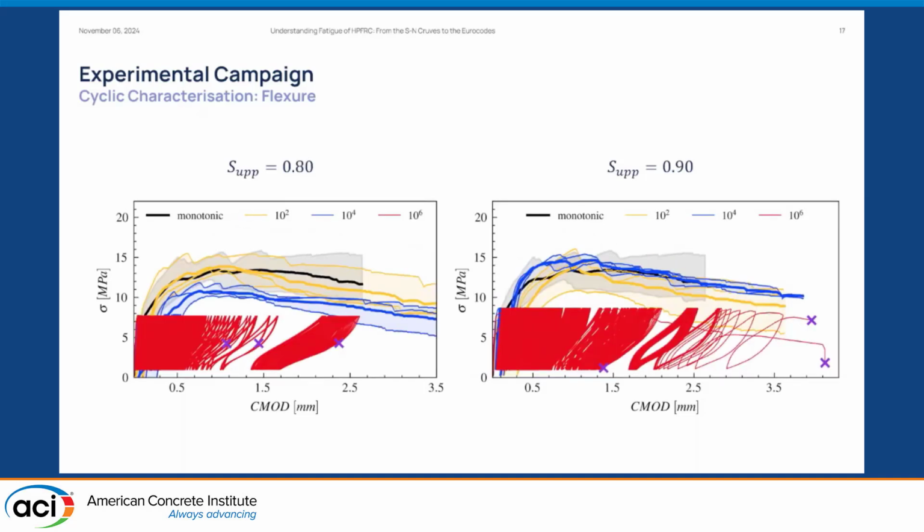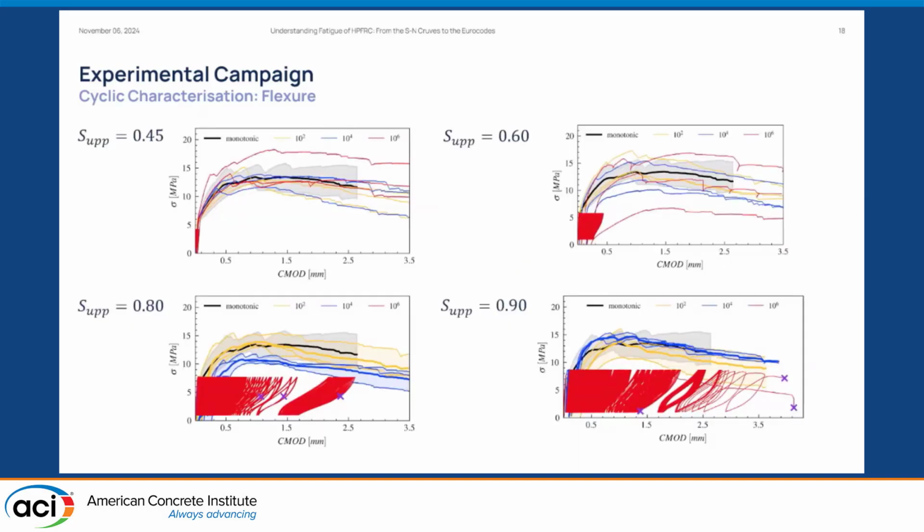And this is the same for load levels 0.8 and 0.9. Here you can also see some X marks. Those correspond to premature failure of the specimen. In fact, for these load levels, we are not able to reach 1 million cycles.